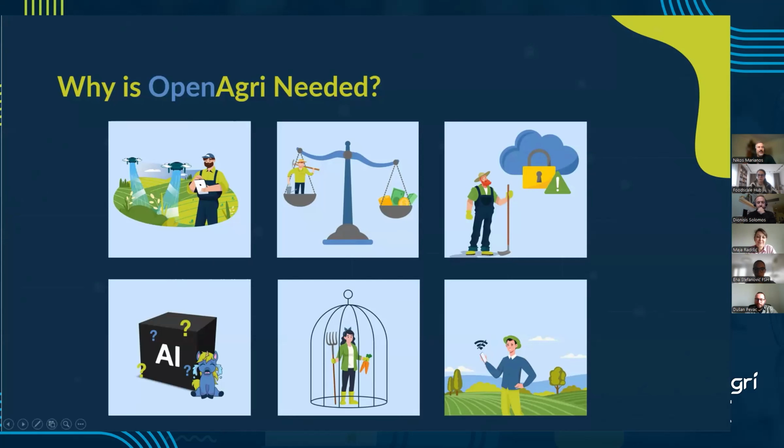Why is OpenAgri needed? What is the challenge that we're trying to address? Agricultural digital solutions, or ADSs as we call them, are seen as an opportunity to improve the sustainability, performance, and competitiveness of the agri-food sector. However, their uptake is still very limited due to a number of factors.